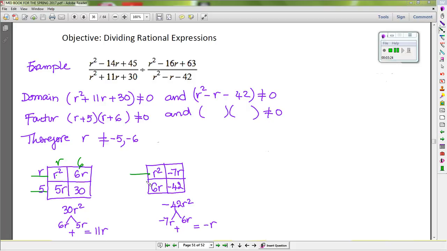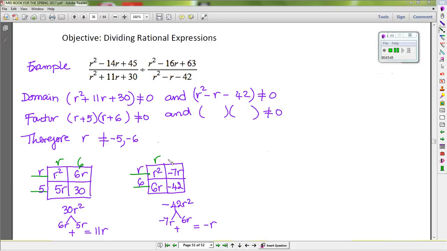Now I'm going to go back to the rows. Row 1, the greatest common factor is r. Row 2, the greatest common factor is 6. Then let's go to the columns. Take the term inside and divide by the greatest common factor outside. r squared divided by r gives us r.